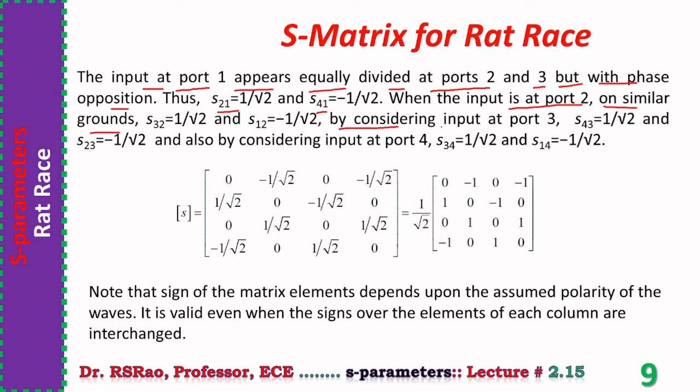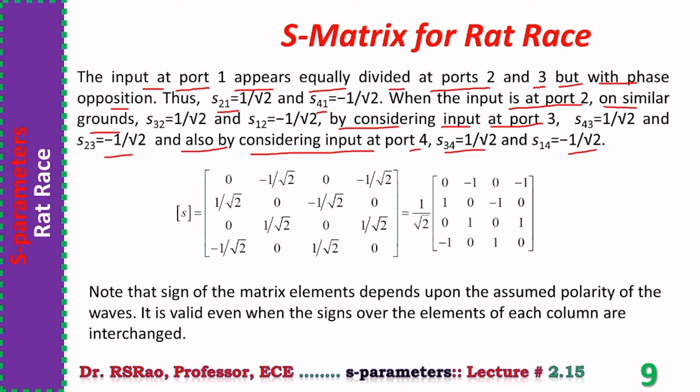By considering input at port 3, S43 equal to 1 by root 2 and S23 equal to minus 1 by root 2. Also, by considering input at port 4, S34 becomes equal to 1 by root 2 and S14 becomes equal to minus 1 by root 2. Now, these values can be inserted into the matrix.